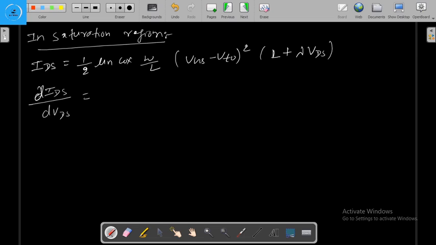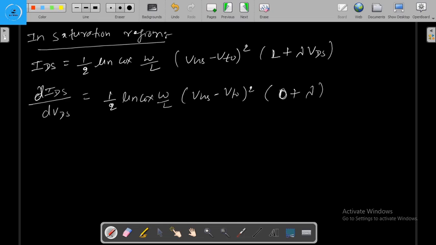Okay, and now we can say this is 1 by 2 into μn Cox W by L, and this is (VGS minus VT0) whole square. The 1 will be equal to 0 and plus λ, because this is a constant, differentiation of any constant will be equal to 0, and this is with respect to VDS, and hence it will be λ.